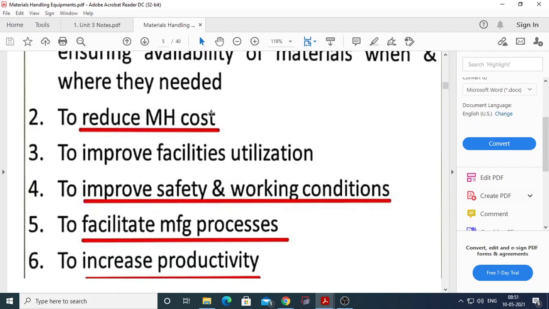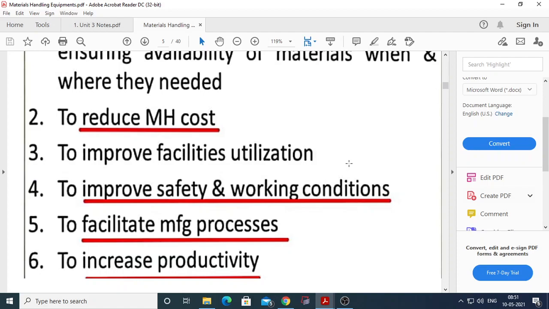I have already told you, there should be low initial as well as running cost of that material handling system, to improve the facility utilization. It means you have simplicity and easy maintenance. It should have a simple arrangement.